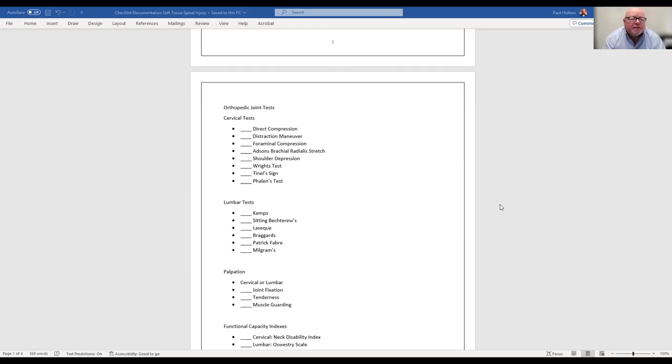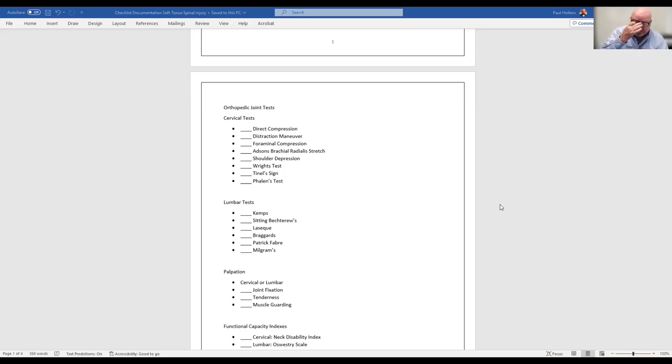Adson's test. That's checking the brachioradialis, neurological or vascular. Are we going to have anything with that? Probably not. But I always say do it, because you'd be surprised how many times even though the patient has no tingling or numbness in arms or hands, you do that test and you'll elicit tingling or numbness that'll start to happen unilaterally.